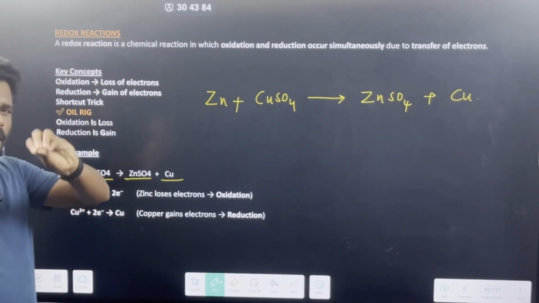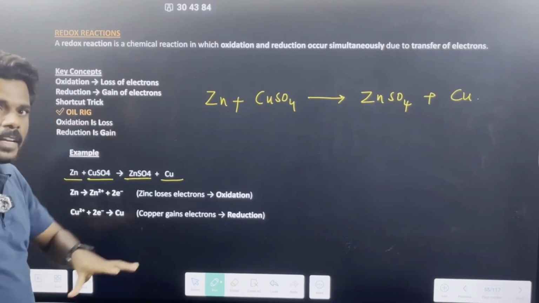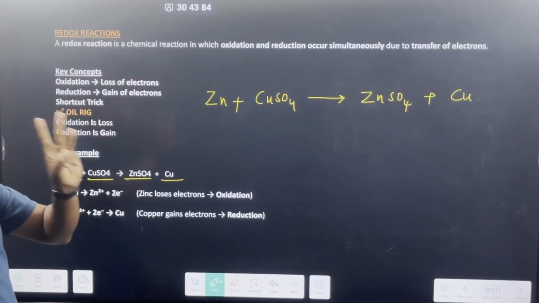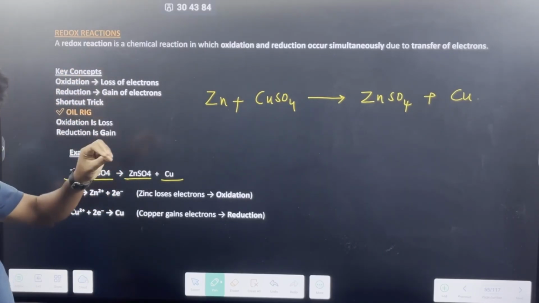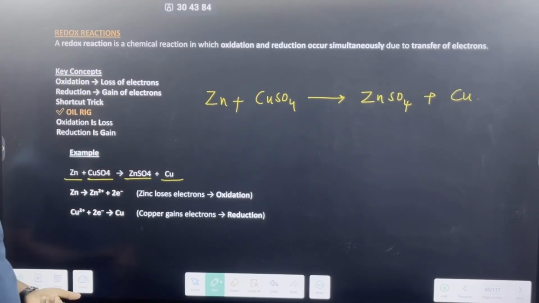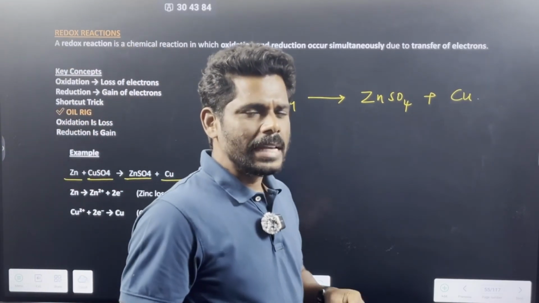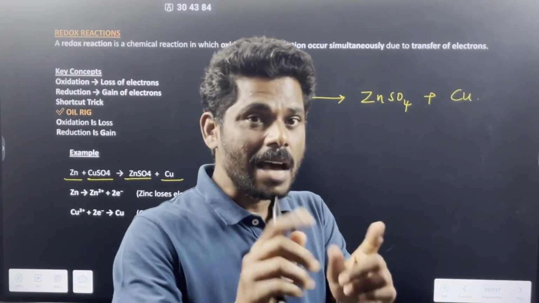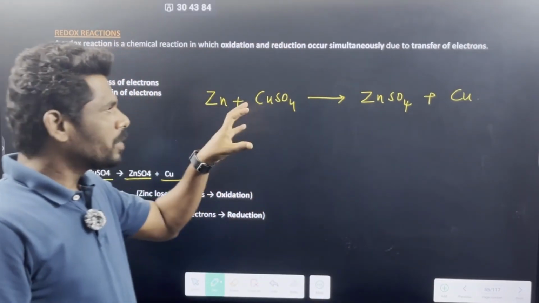First of all, I want you to know this is a tricky topic. Why? Because as we have already told, oxidation and reduction can be defined based on three points: oxygen, hydrogen, and electrons. This is a topic mostly given based on the electrons. If the question or the concept is given to you in terms of oxygen and hydrogen, it will be a little easy, might be. But when he asks you this kind of question in terms of electrons, you have to think about it.